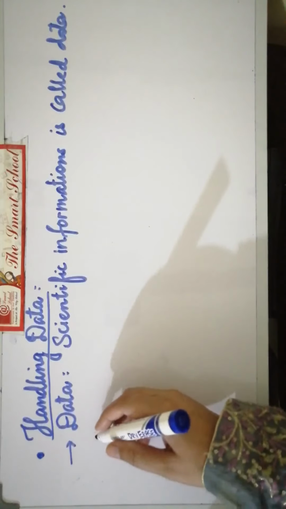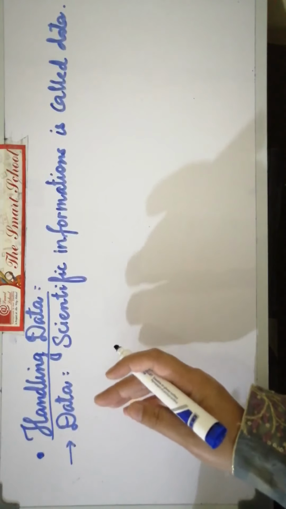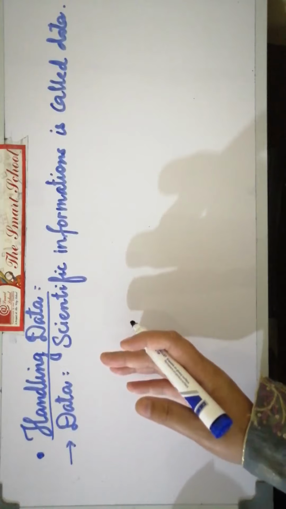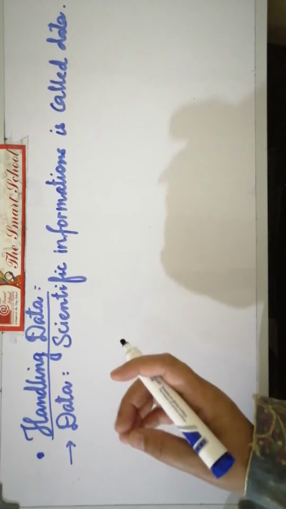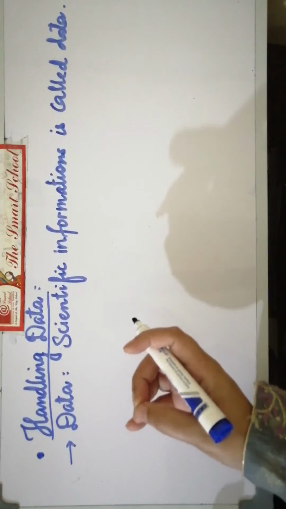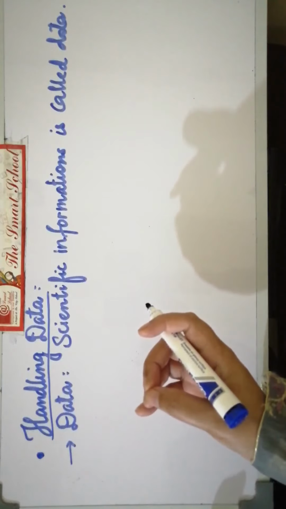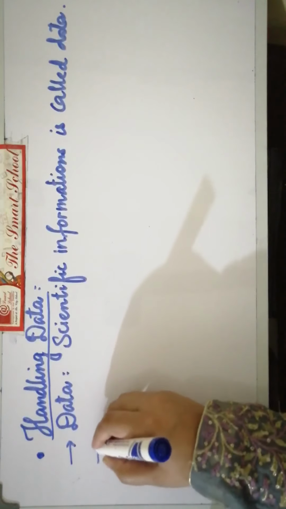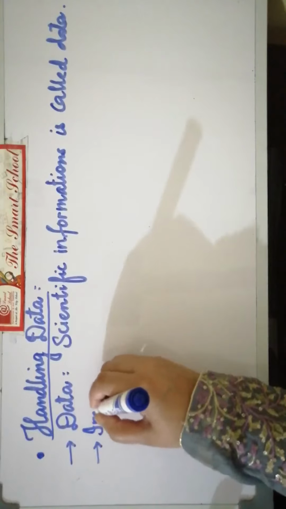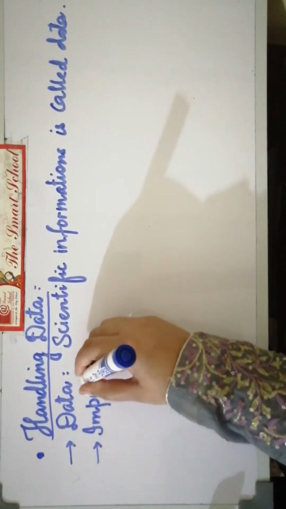Now, very often an experiment gives you lots of data. Data is very useful if you organize and present it in the most appropriate way. What is the significance or importance of data?